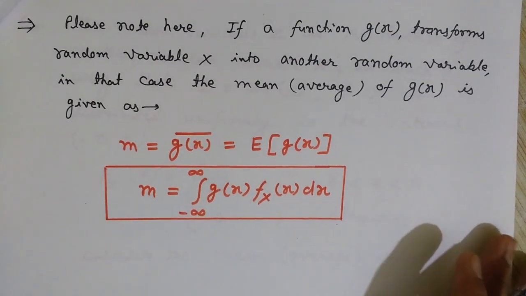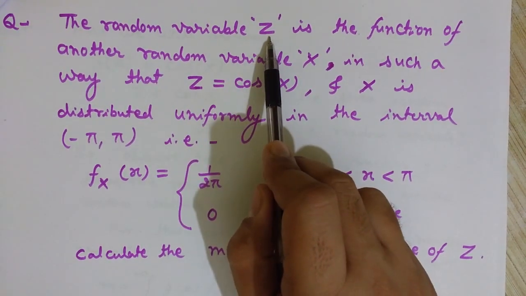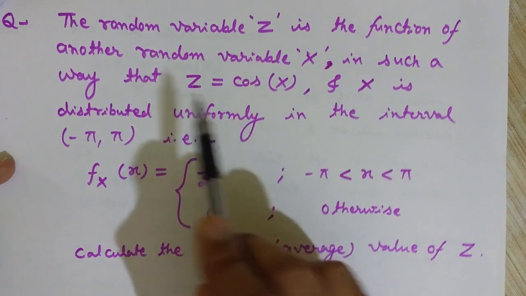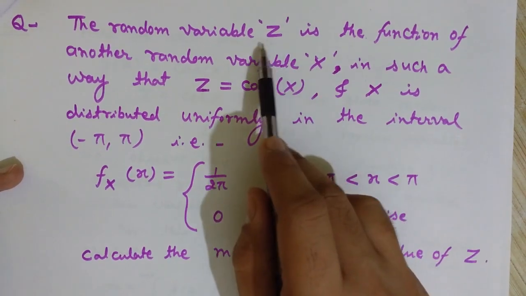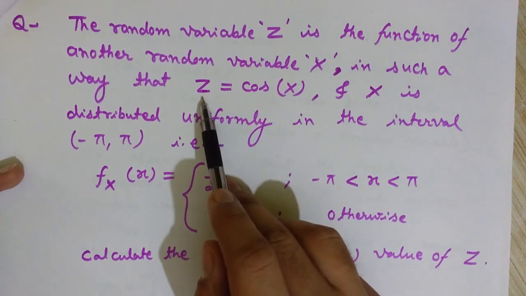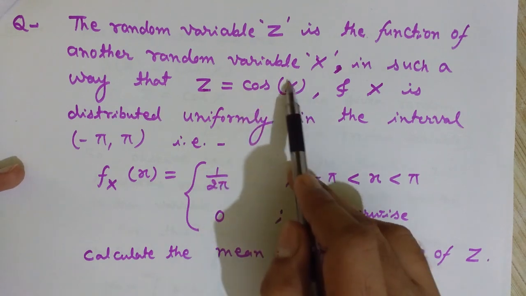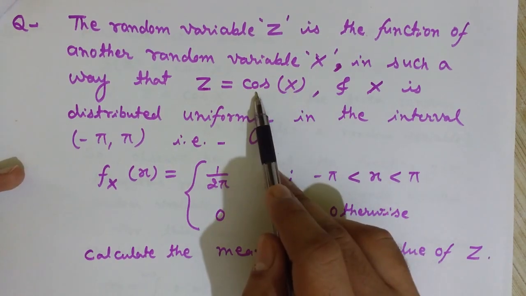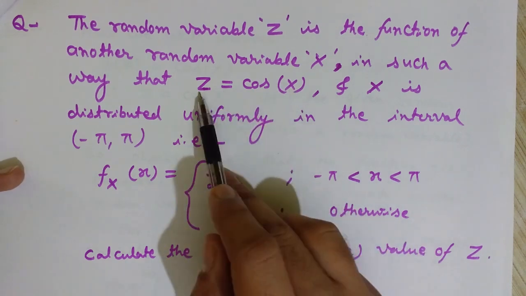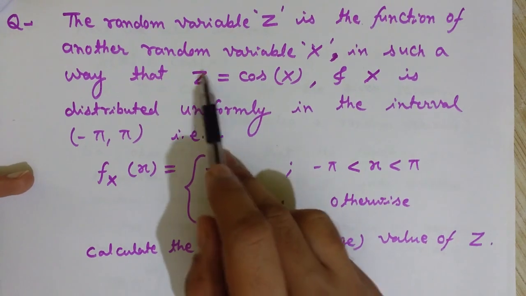Let me show you how. Look at this example. I already have a random variable x, and I have another random variable z that is defined as z equals cos of x. It means that x is a random variable and cos of x is another random variable z.